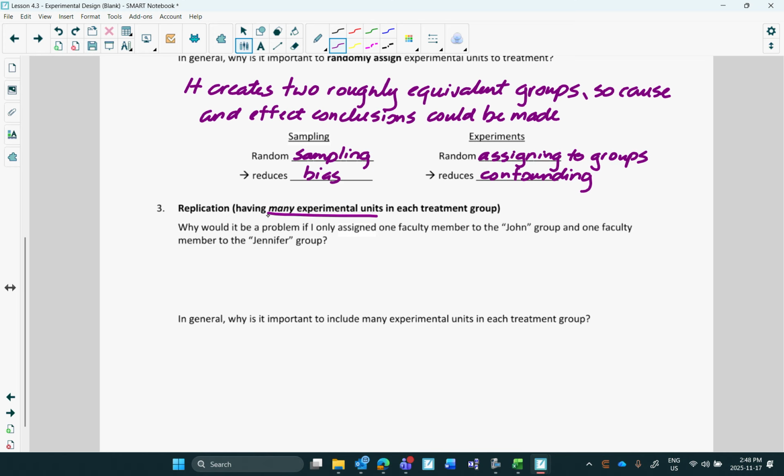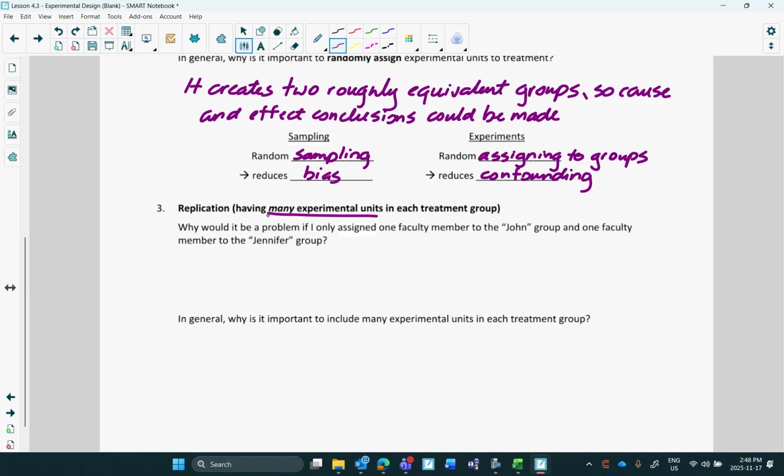So, as an example here, two questions. Would it be a problem if I only assigned one faculty member to the John group, one to the Jennifer group? Why would it be a problem? I think we all agree it would be, but why? We could randomly assign them too, doesn't matter.